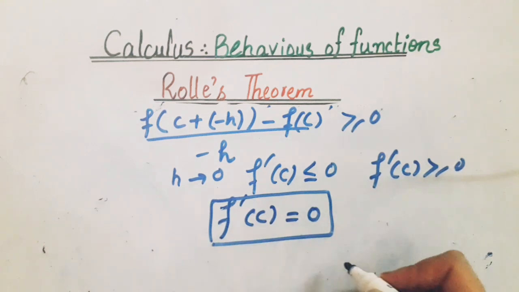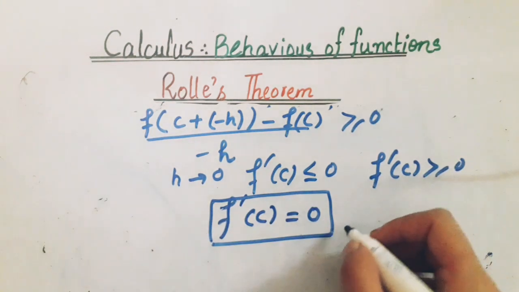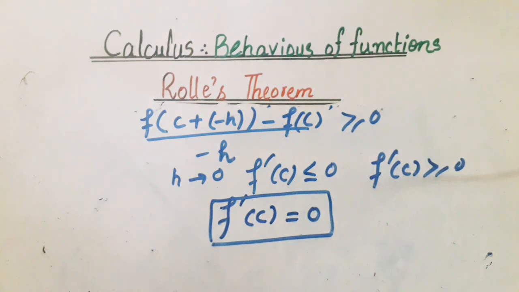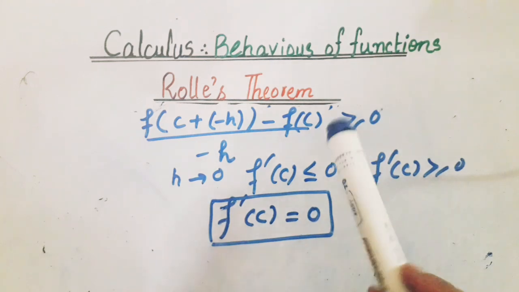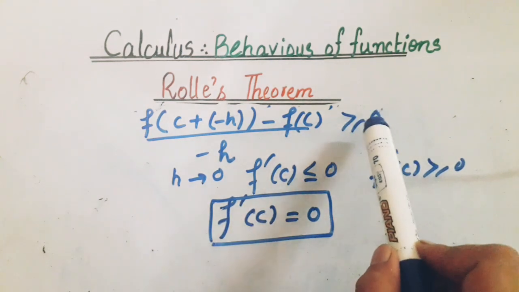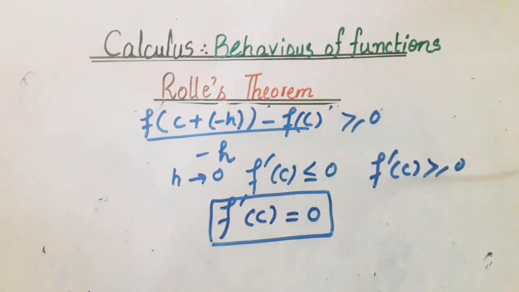So this is the proof of this theorem. I hope you understand. Now I will solve an example to elaborate this theorem, to show how you apply it to your questions and check the behavior of a function, whether its derivative is possible or not.